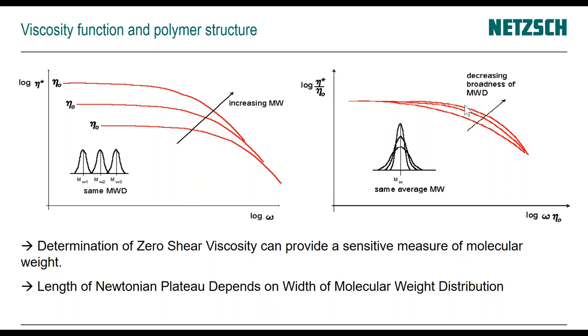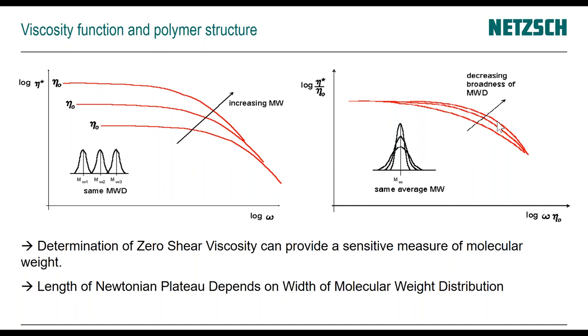The other thing is, if we look at the same measurements and we would investigate different materials with the same average molecular weight, but a changing molecular weight distribution, we would see that the length of the Newtonian plateau depends on the width of the molecular weight distribution.